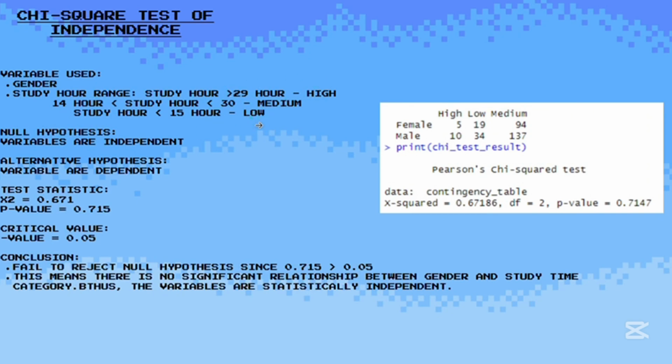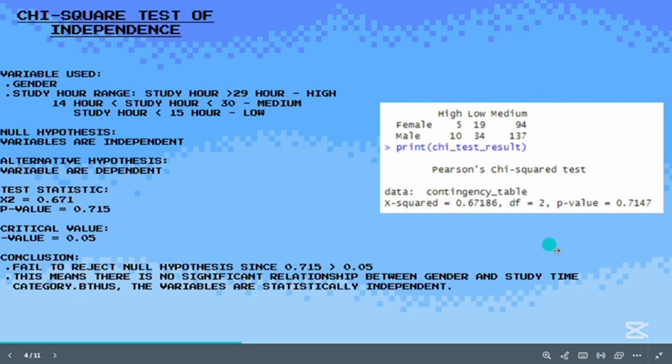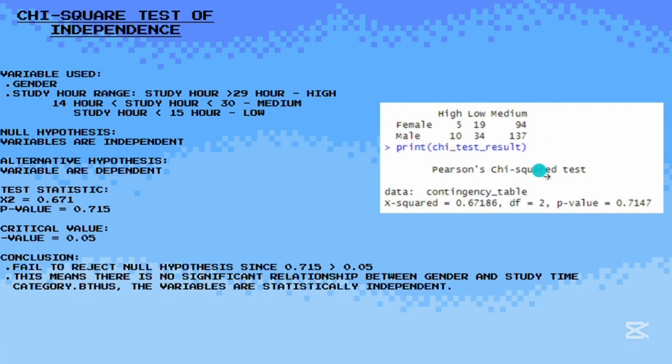For the null hypothesis, we state that the variables are independent, which means that there is no dependency between the two variables. For the alternative hypothesis, we state that the variables are dependent. For the test statistic, we got a chi-square value of 0.67186 from our R programming result here on the right hand side.